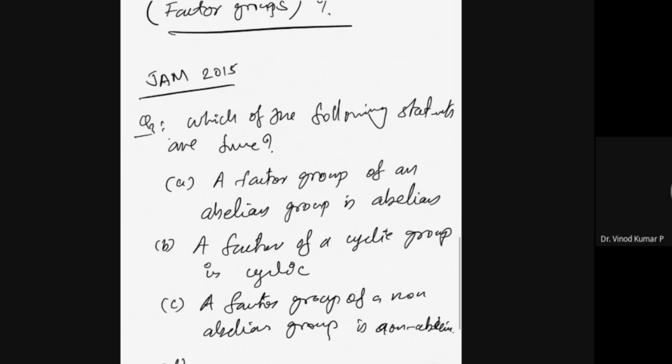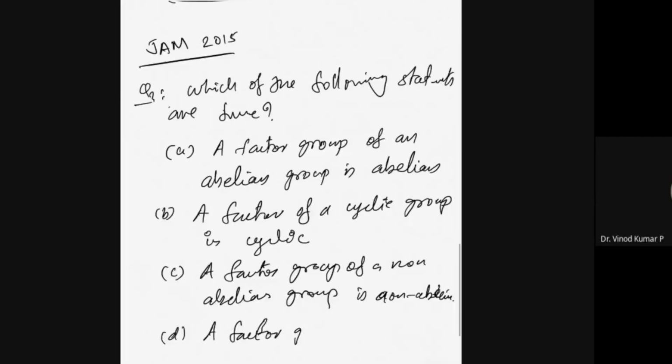A factor group of a non-abelian group can be cyclic.